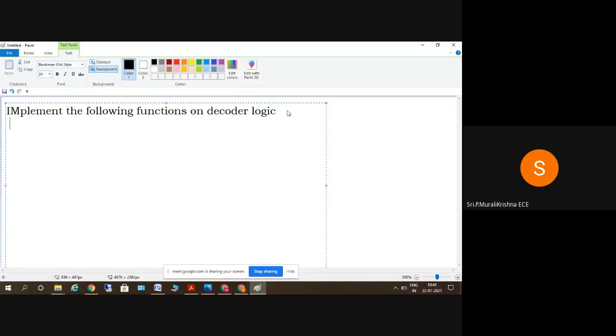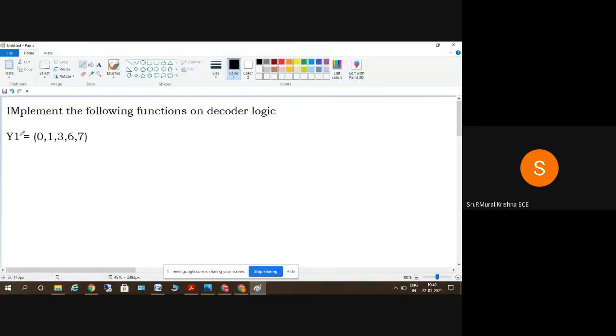For implementing any function with decoder logic, we need minterms. So the functions are: y1 is equal to sigma of 0, 1, 3, 6, 7. The symbol is sigma.